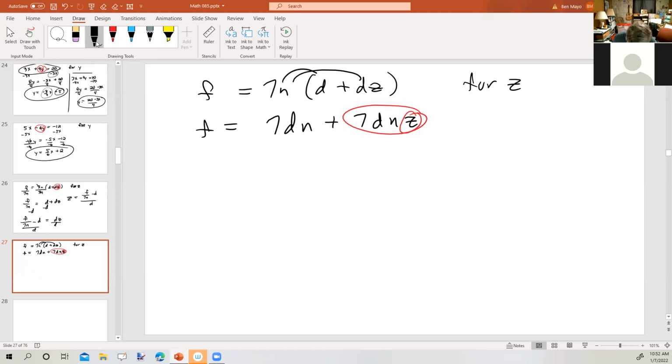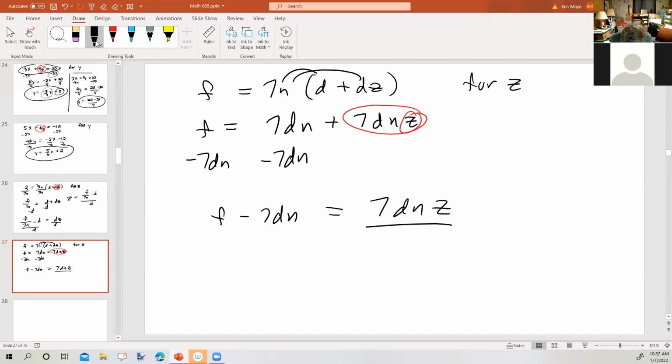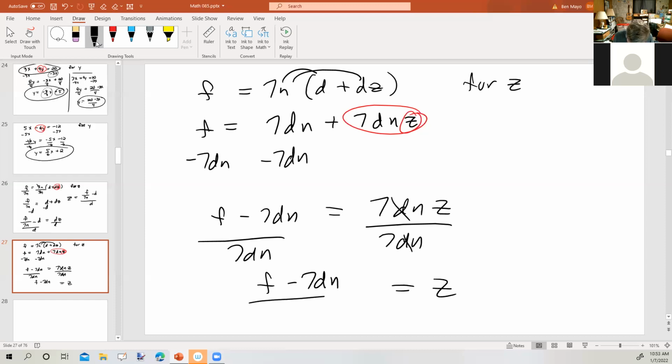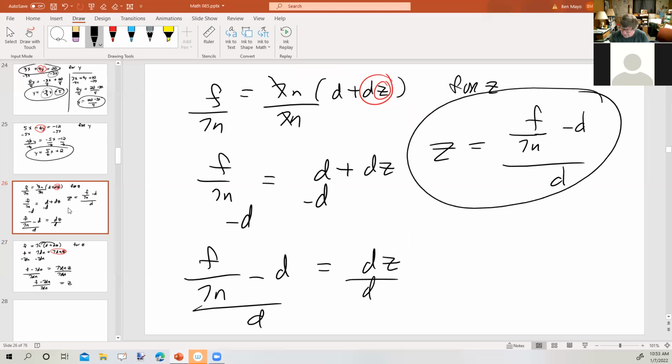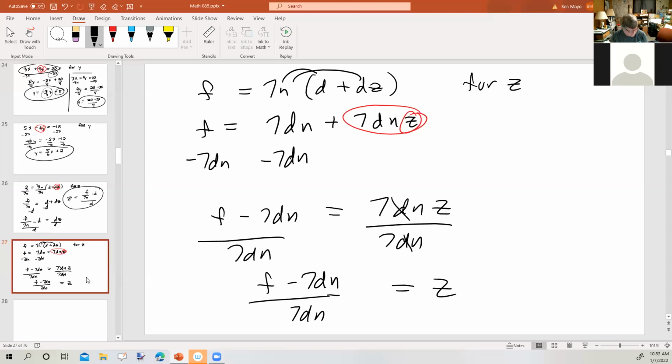So to isolate the variable term, I'll subtract 7dn. So F minus 7dn equals 7dnz. So now to isolate the z, I'll divide both sides by 7dn. So z equals F minus 7dn over 7dn. Now, that's equivalent to this, but a lot cleaner, so to speak. So in that case, it was better to distribute.